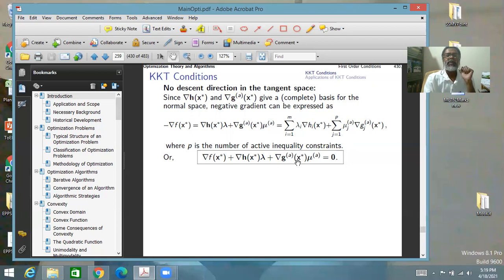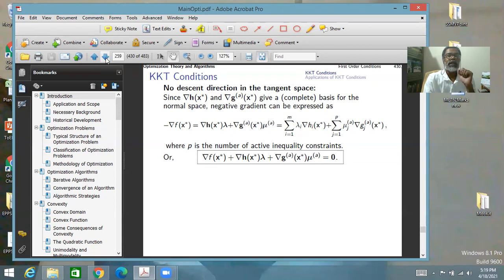Sometimes we will refer to this as the gradient condition because it relates the gradient of the objective function and the gradients of the active constraint functions. This is implied by saying no descent direction in the tangent space.